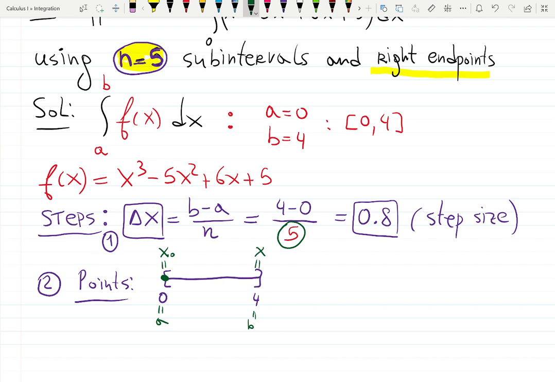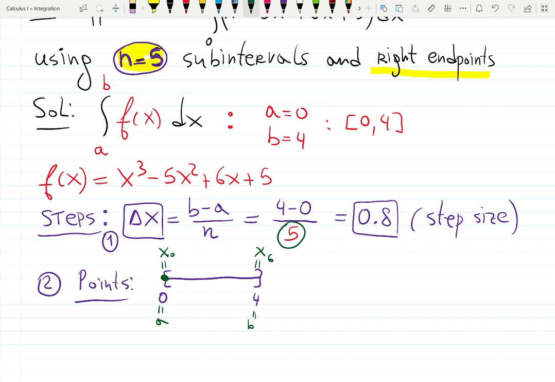N is always one more than the number of intervals. We know that the number of intervals is 5, so it's going to be x sub 6. And I'll prove it to you right now, just in a second. Well, actually, it depends how you start, from 0 or from 1. So we'll see it in a second.